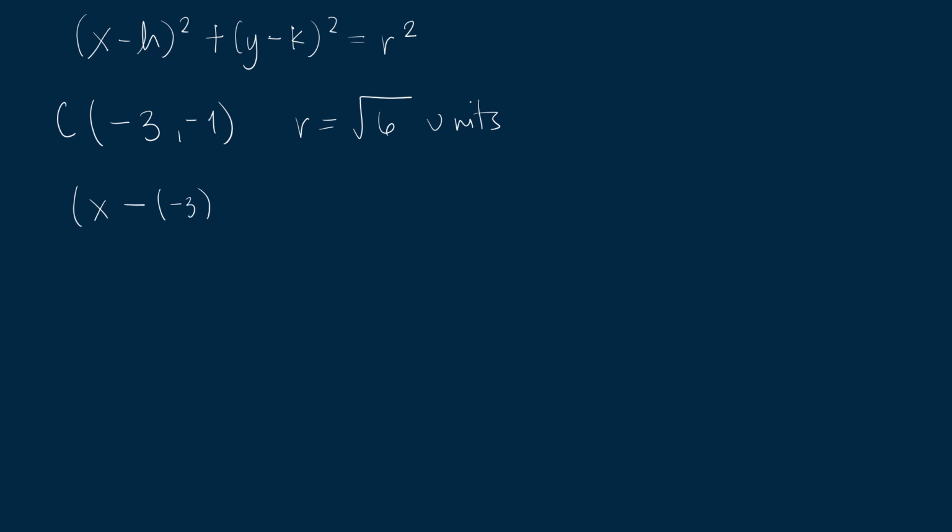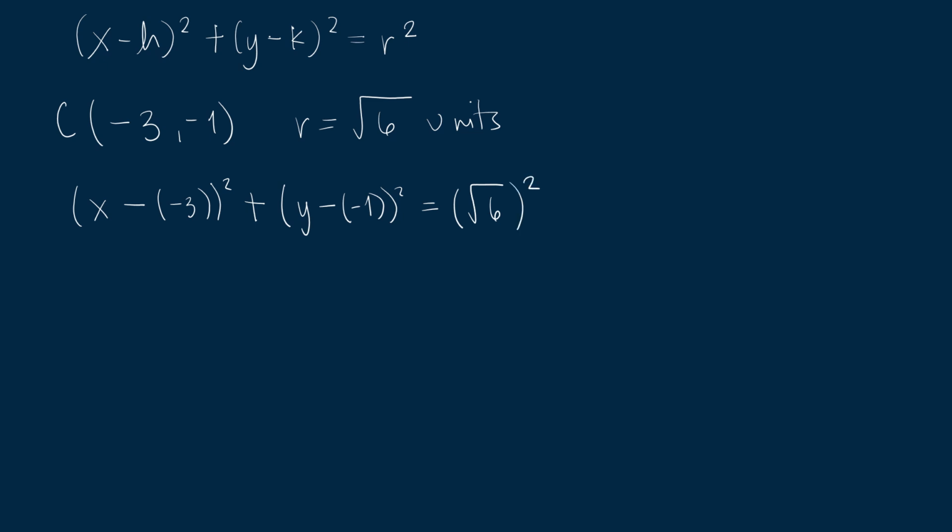So, we have x minus (-3), close parenthesis, squared, plus, the same with -1, we have y minus (-1) squared. Put two parentheses, and then also with your radius. Since our equation on the right side is r squared and the value of our radius is square root of 6, put that value inside the parentheses before you square it.